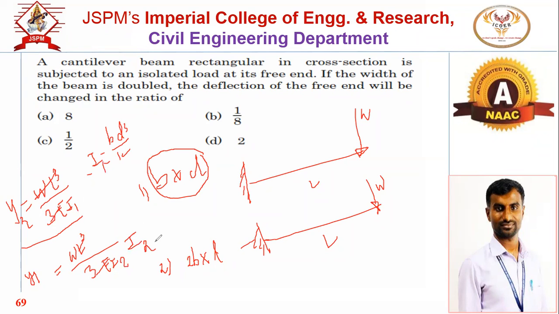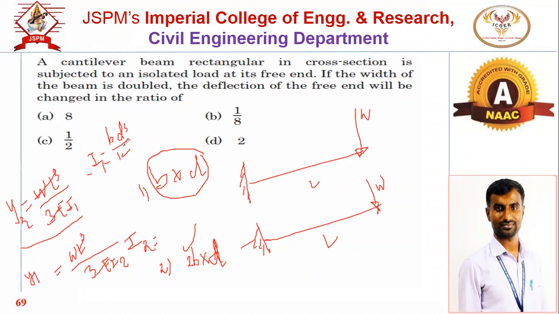Second case, what is it? If the width is doubled, in that case, what will be the moment of inertia for this cross section? Twice of B into D. Who will tell?